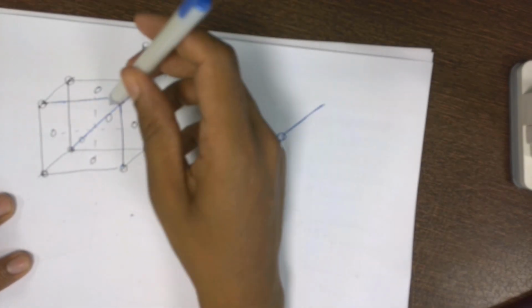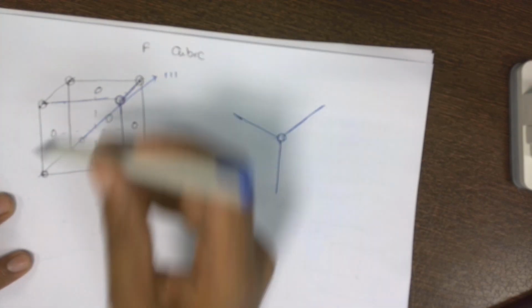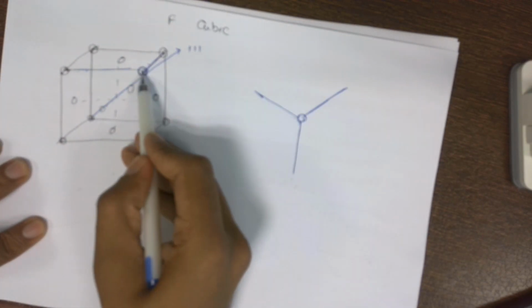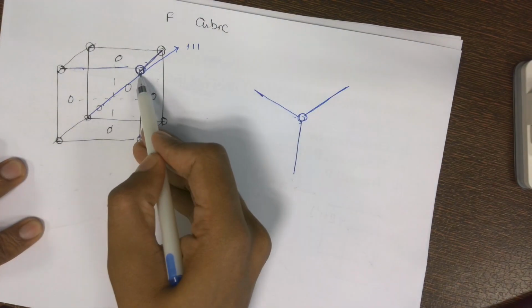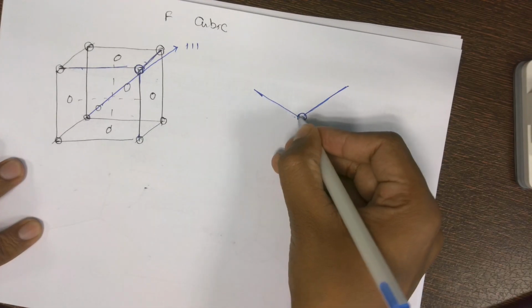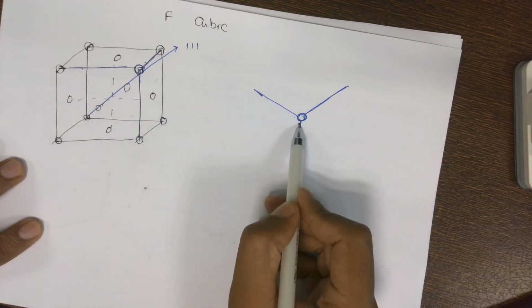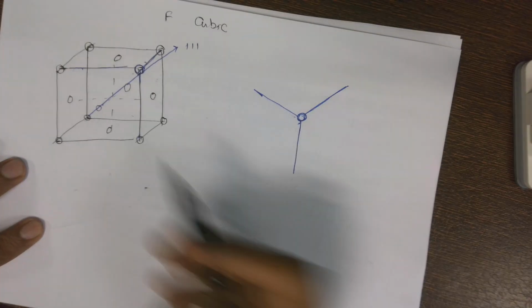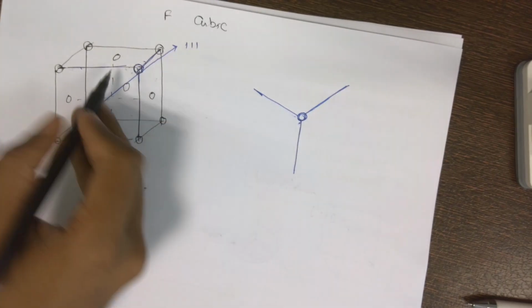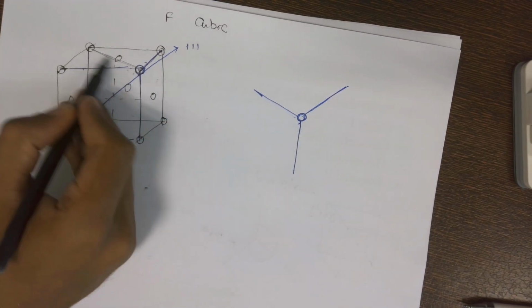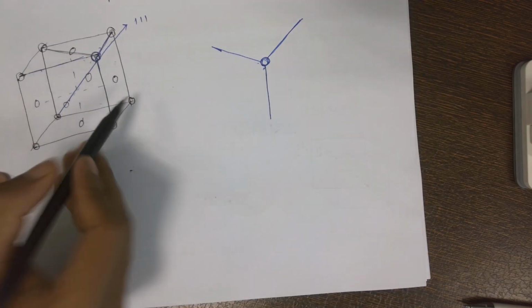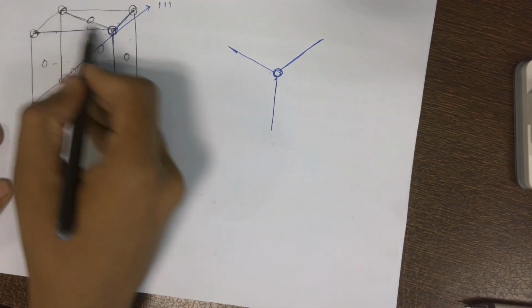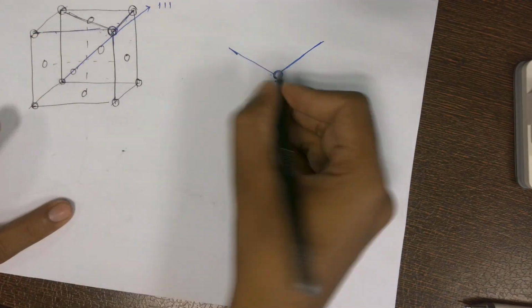Since I am seeing from this direction, like you can consider this to be the arrow, this atom will fall just below this particular atom. Now you can see that in between these two, there is an atom over here also. So if I try to draw in between these two, I have this. Let me draw this one with the black color.